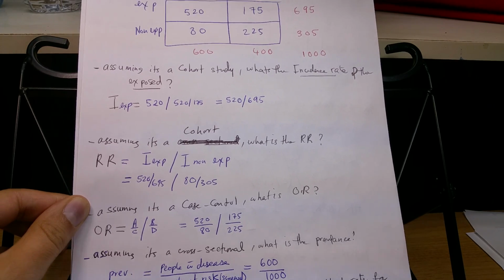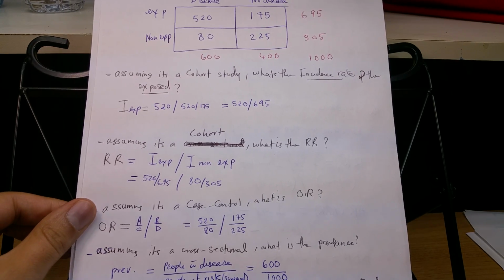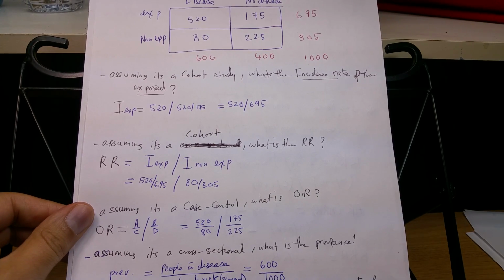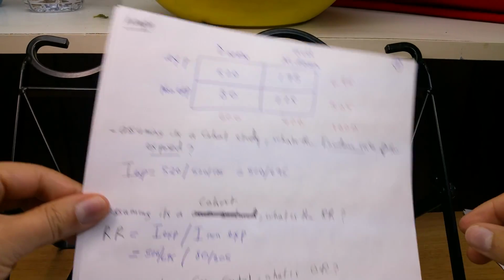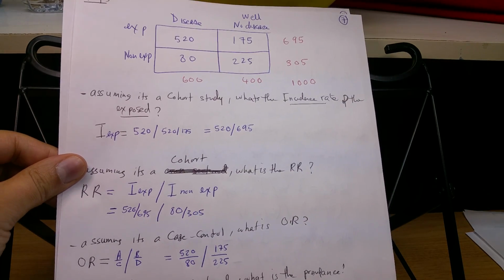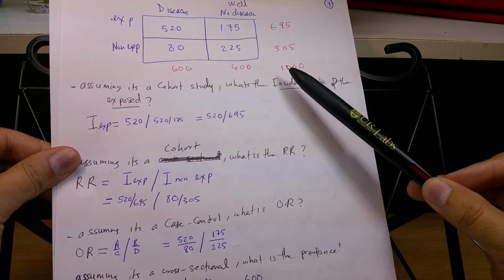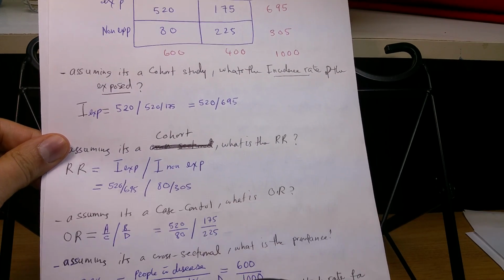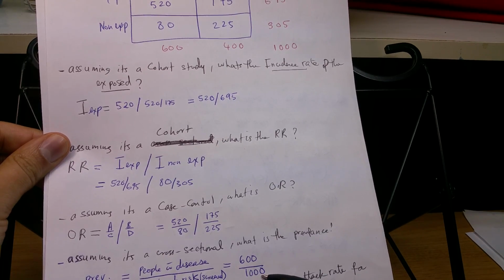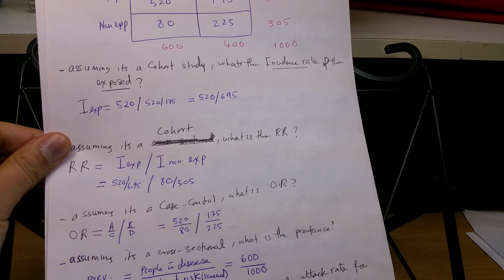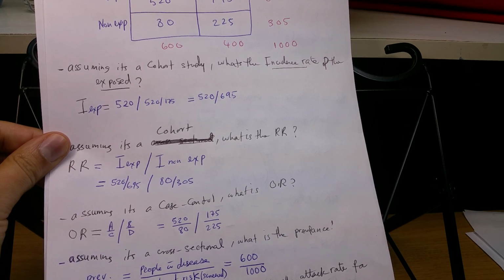So we want to know the prevalence of the disease. All people with the disease are 600 divided by all people who are screened is 1000. So all diseased divided by all screened is the prevalence.